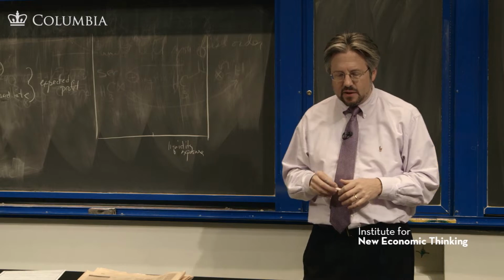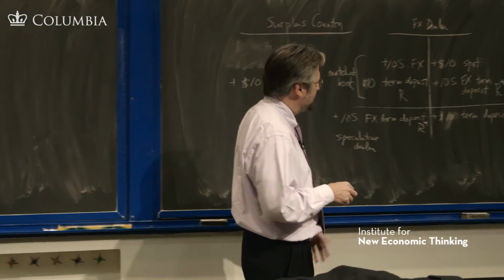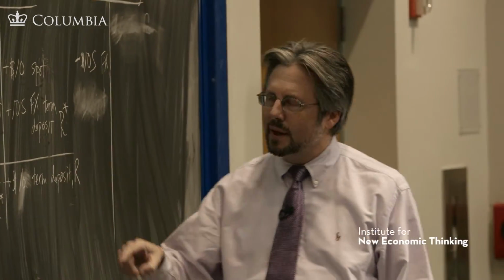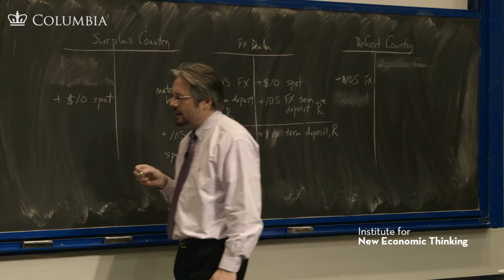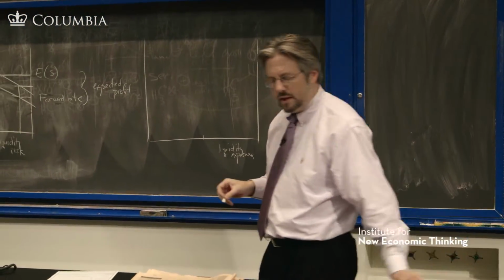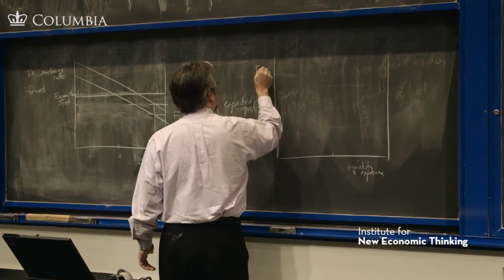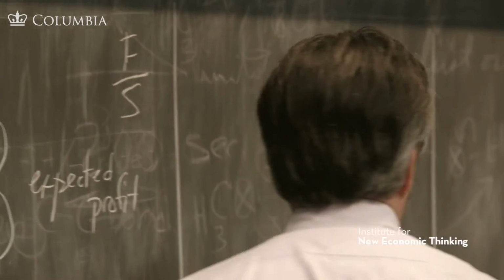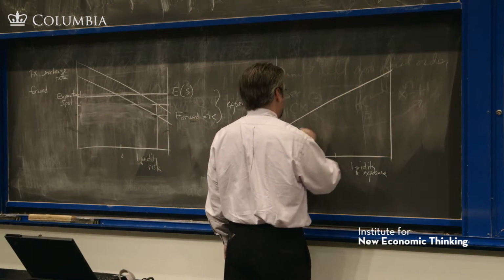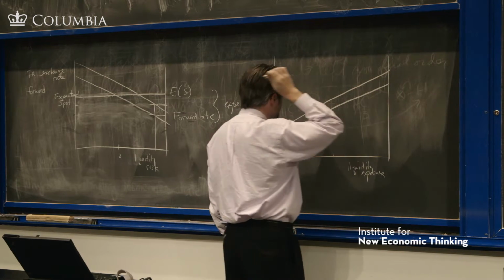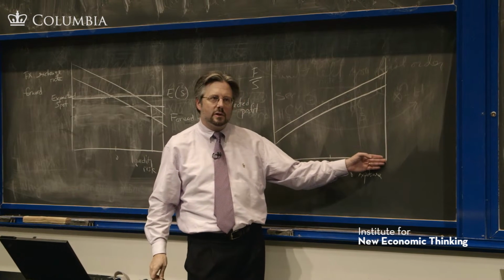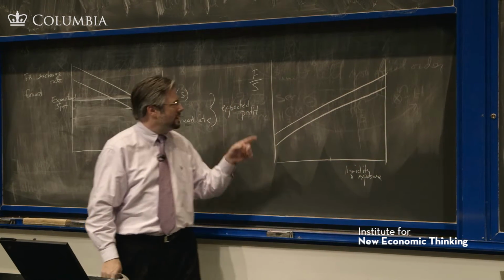He will insist, in order to make this work, on buying spot more cheaply than he sells forward. And what that means is that on this axis here, if we put forward over spot here, there's going to be an upward sloping bid-ask curve for this guy, and the larger his book, the larger his liquidity exposure, the higher he's going to want that ratio to be.